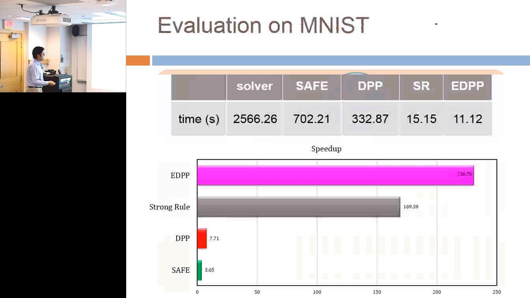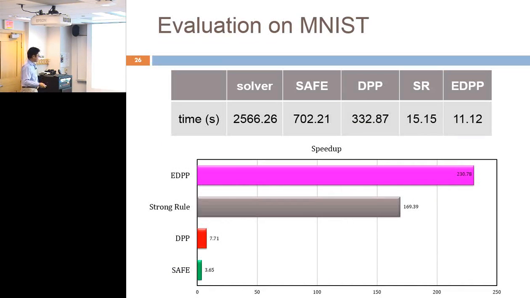Okay, so let's see some experiment results. This dataset is very well known in image classification. It is a dataset of handwritten digits: 1, 2, 3, 4. And our goal is to fit the Lasso model on the dataset.